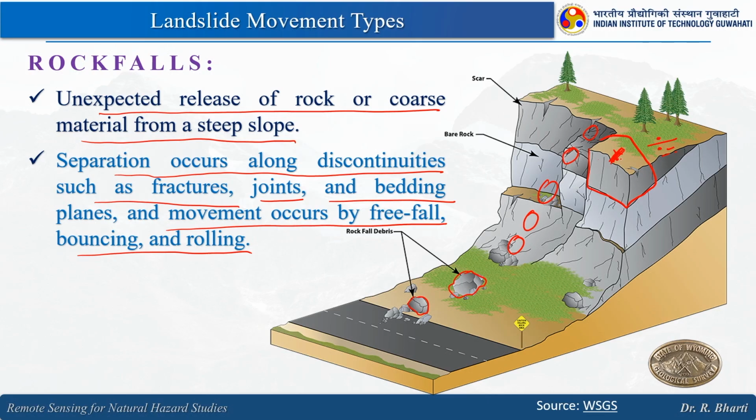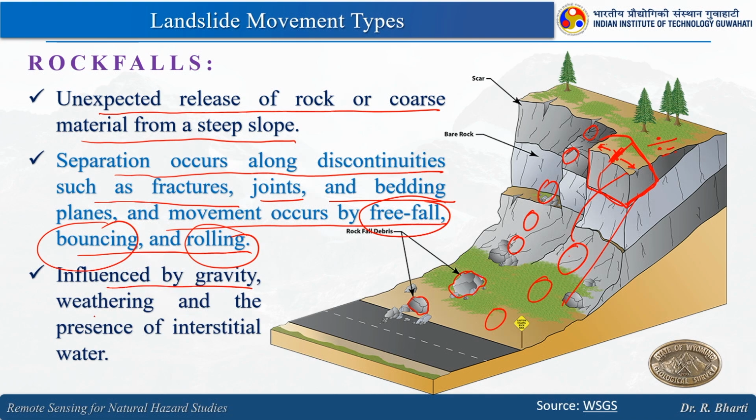Because of that, these two blocks will be pushed away from each other. This happens for quite a long time, and then slowly this particular piece of rock will start falling. Then you will have free fall, or maybe bouncing, or maybe rolling. This kind of activity happens.